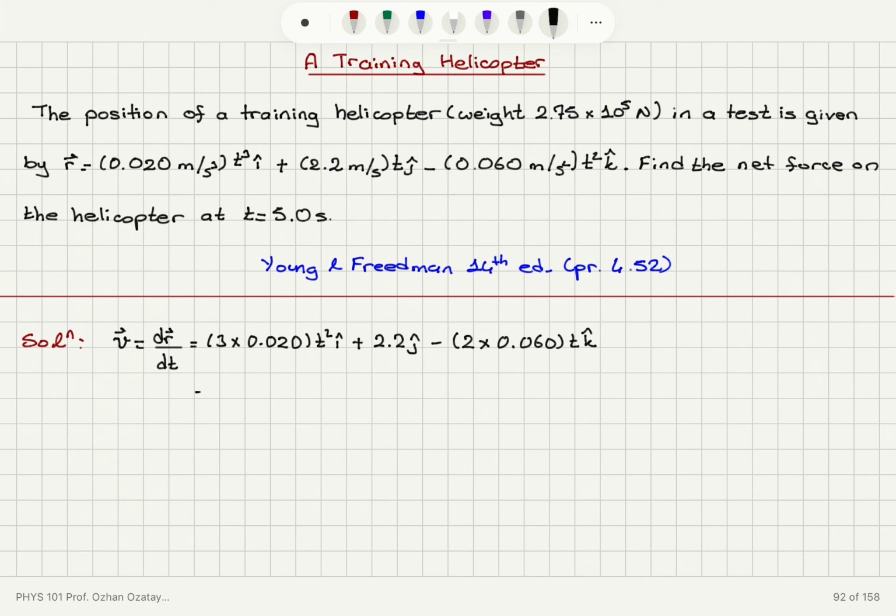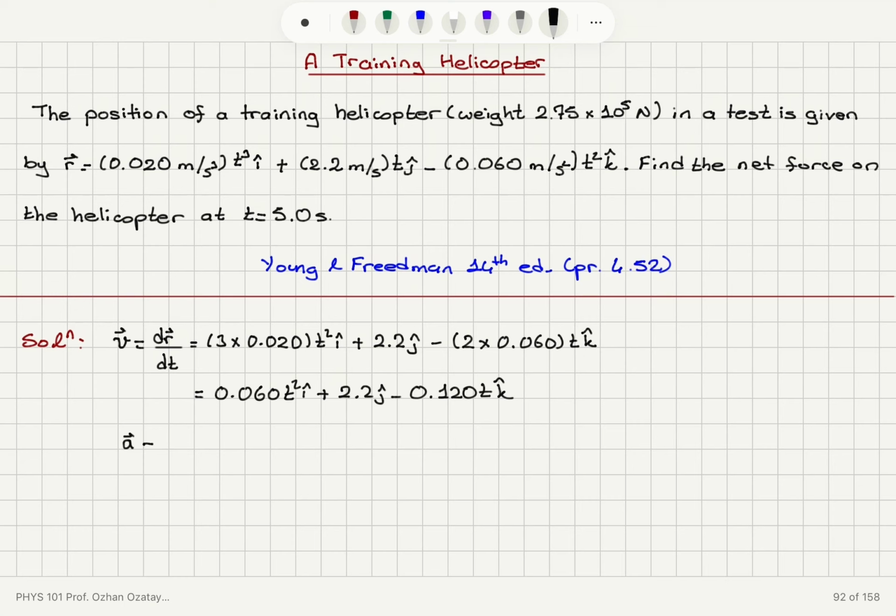If I calculate this, I end up with 0.06 t squared i hat plus 2.2 j hat minus 0.120 t k hat.